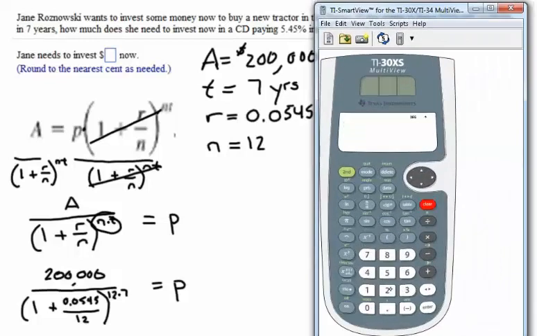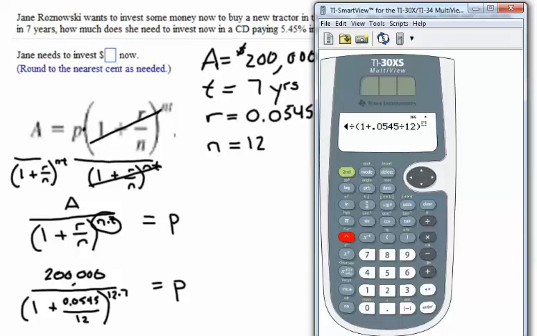So we're going to take 200,000 and we're going to divide that by the quantity 1 plus 0.0545 divided by 12, close those parentheses, and we want all that quantity in parentheses raised to a power, so exponent. Use the caret button to get to the exponent.